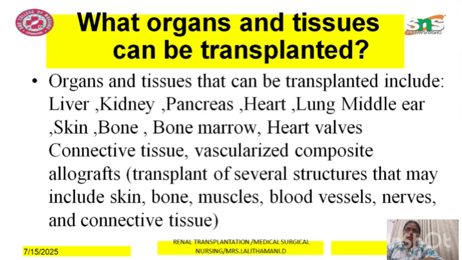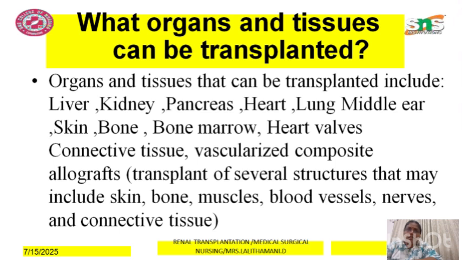What organs and tissues can be transplanted? Nowadays transplant is gaining more support from family members, because a person can become a donor not only with his own consent while conscious, like blood donation, but also through cadaver donation.